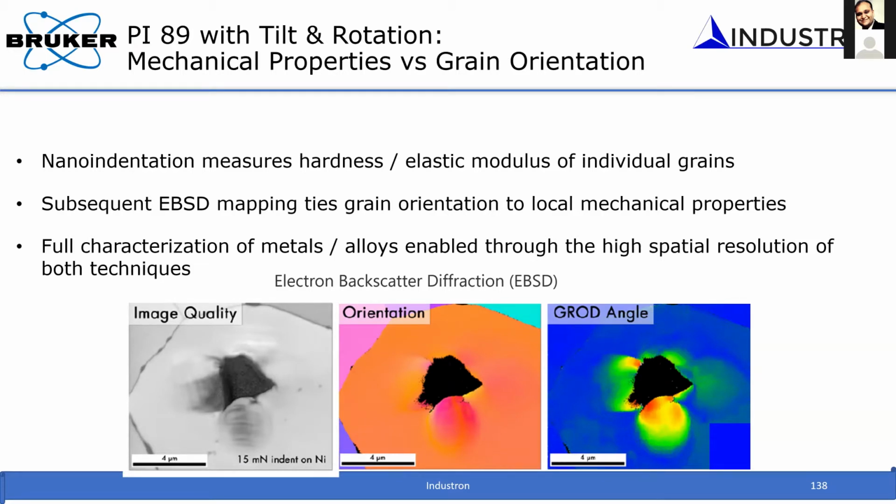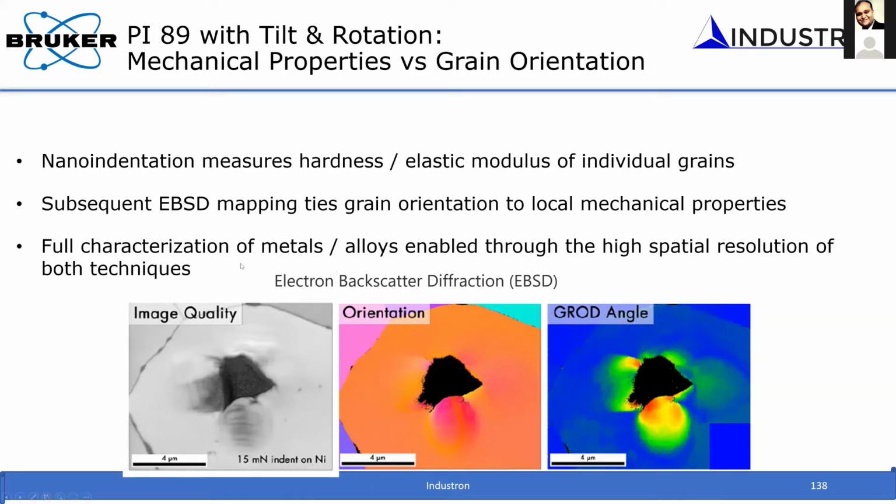If you want to understand that, you can do that. You can also get the EBSD map to give the grain orientation. So now you know what the orientation of the grain is, and then you can also orient your tip at a particular angle and understand the mechanical response if you want to.